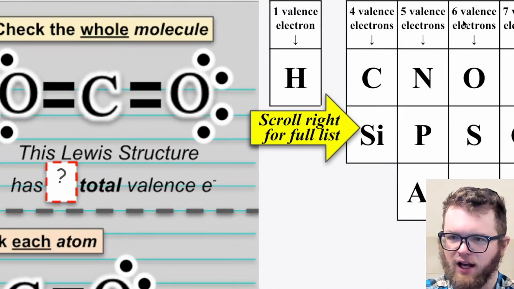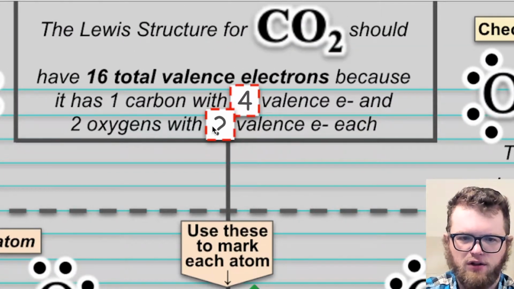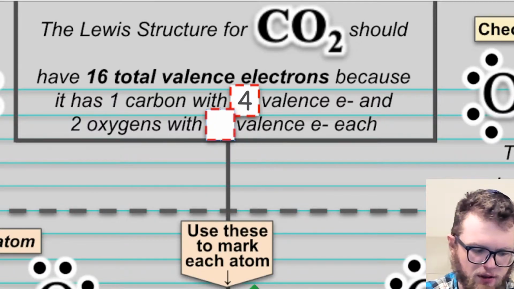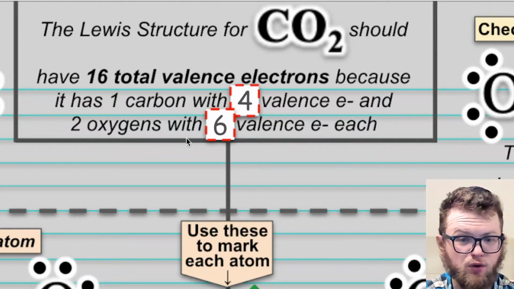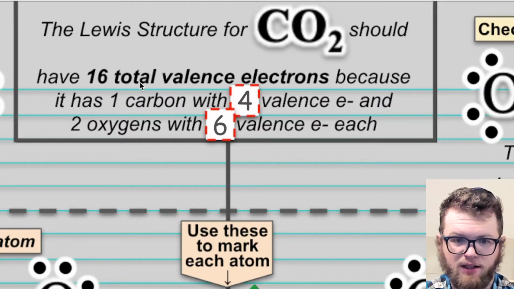Each oxygen should have 6 valence electrons. Again, as I put in my 6, I need to make sure I delete that question mark first. There we go. So 2 6s is 12 plus 4 gets us to 16.